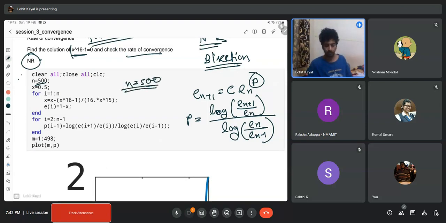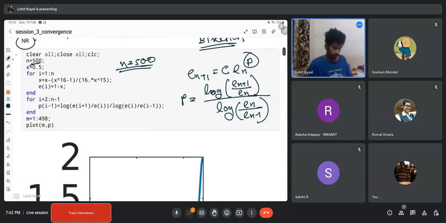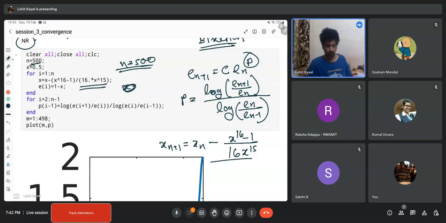The code is very simple. I am just writing down the formula: xn plus 1 equals xn minus x to the power 16 minus 1 by 16 into x to the power 15. x equals x minus x to the power 16 minus 1 by 16 into x to the power 15.